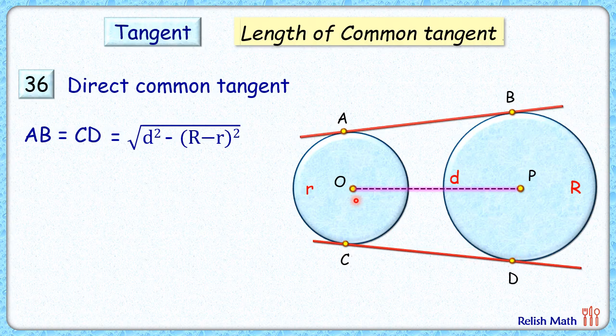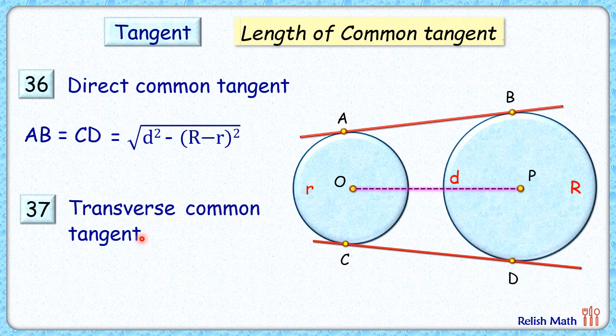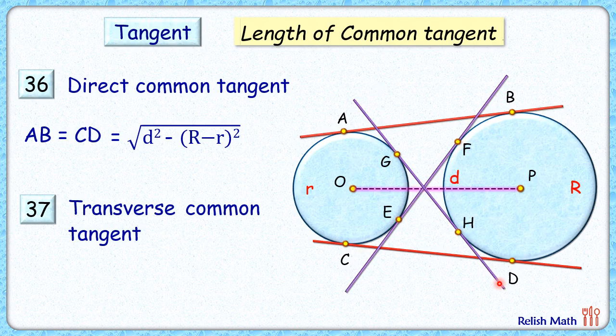Now when two circles are not touching each other, there are a total of 4 common tangents. The other two sets of tangents are called transverse common tangents. Like we have parallel lines with a transversal, in the same way for this direct common tangent we have this transversal. So these are your transverse common tangents, and they will also be equal in length.